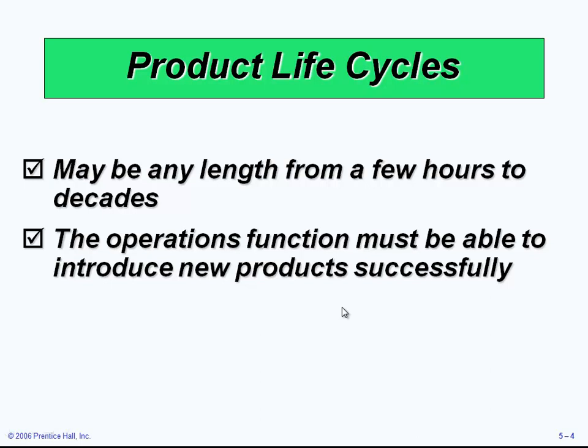If we look at different products, we might see that some of these products may have a long life cycle and others have a short life cycle. For example, the newspaper can be considered a short life cycle product, while the shuttle is a long life cycle product.